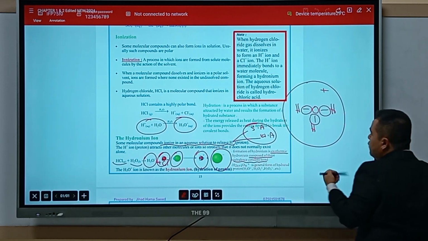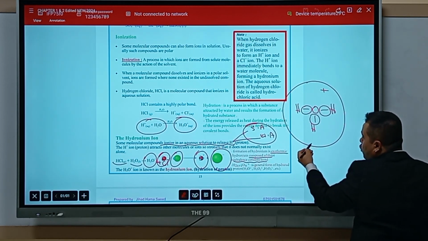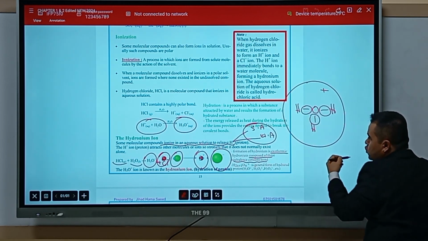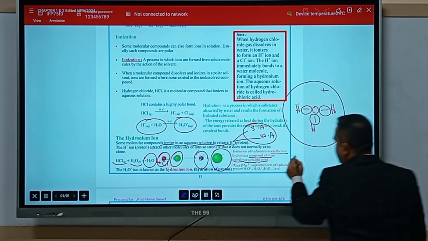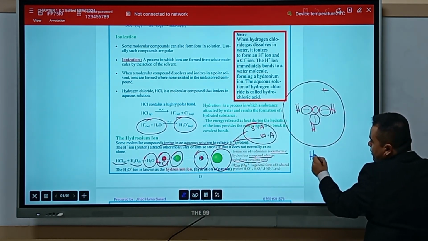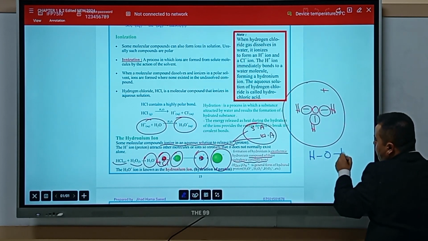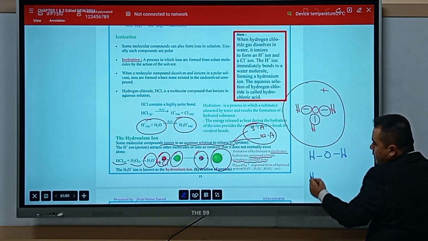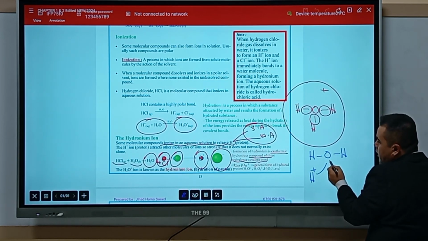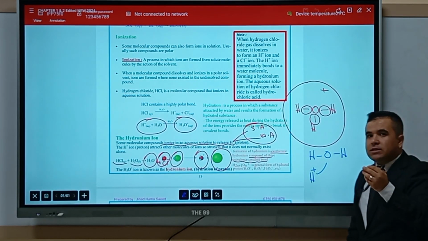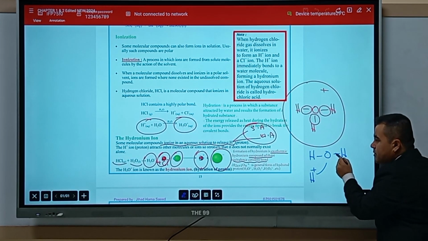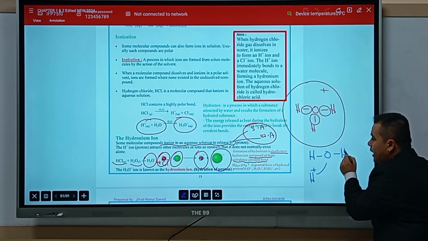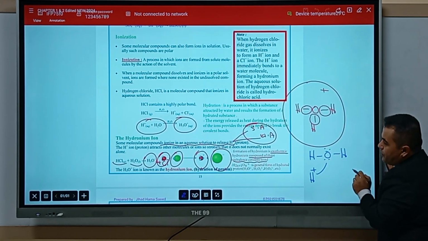More specifically, the proton combines with the oxygen. At the beginning we have H2O, and the proton comes to react with the H2O. Guys, H2O has 6 valence electrons. 2 of them are shared with 2 hydrogens and 4 valence electrons remain.